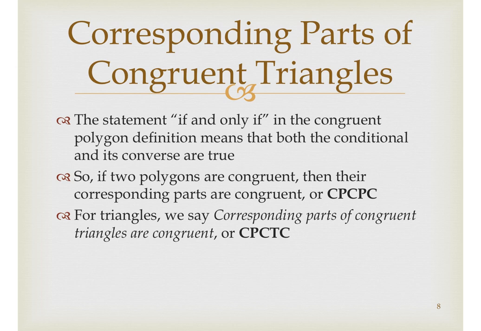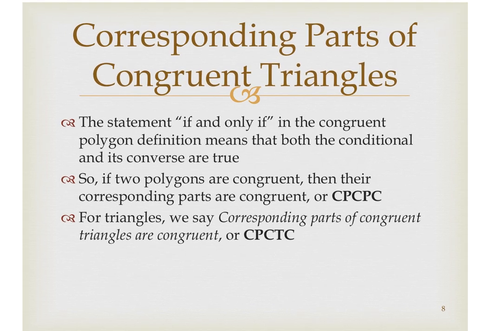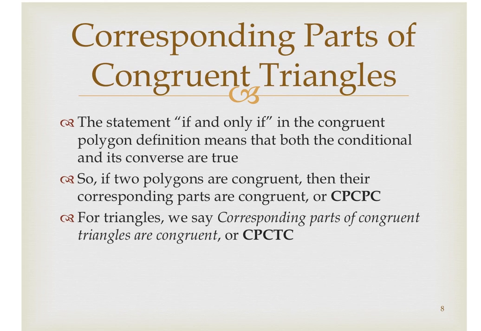Now, to say this one in a proof, we use this really fun acronym called CPCPC. Or if you want, you can use the one underneath it, CPCTC. Both of these mean very, very similar things. Let me explain this one first, because it's written out right there. CPCTC is corresponding parts of congruent triangles are congruent.